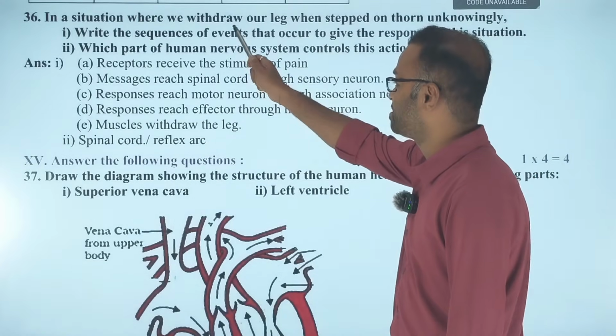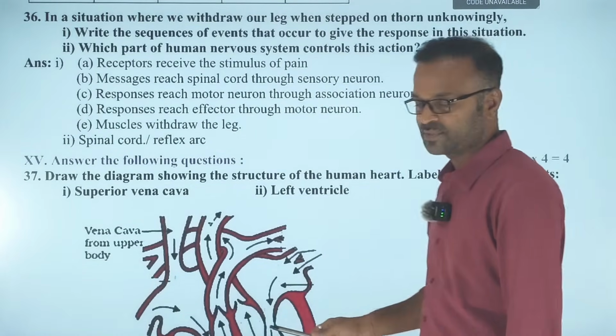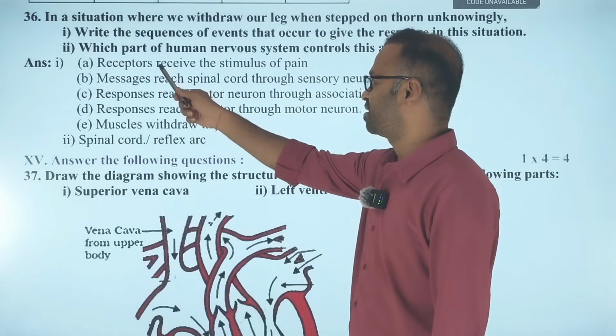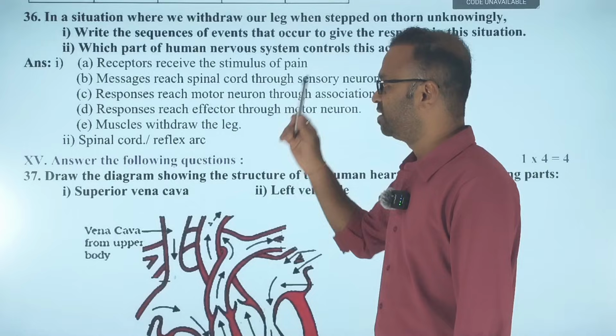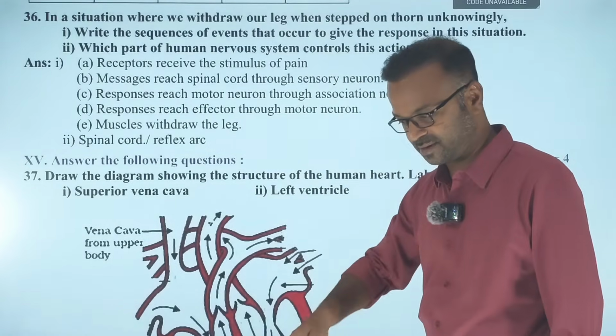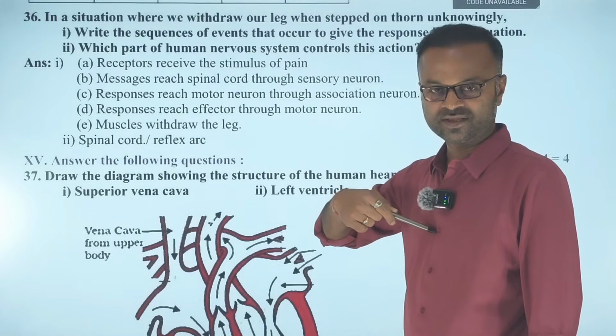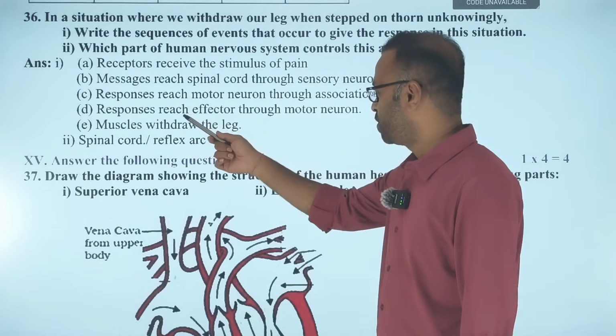Now here, write the sequence of the events that occur giving the response in this situation. First, the receptor cell in the skin will receive the stimuli of the pain. Okay, thigmoreceptors. Then the message reaches the spinal cord through the sensory neuron. Through the sensory neuron, from the feet it will go to the spinal cord, and it will respond back with the help of which neuron?